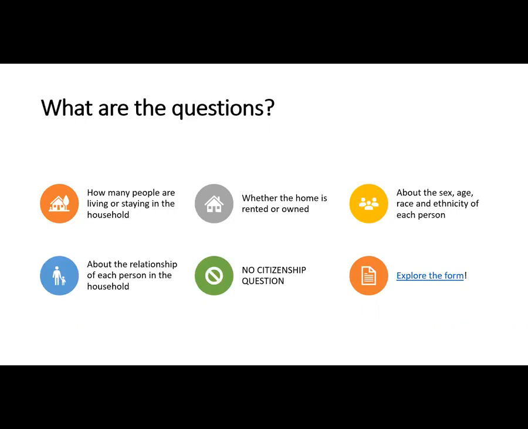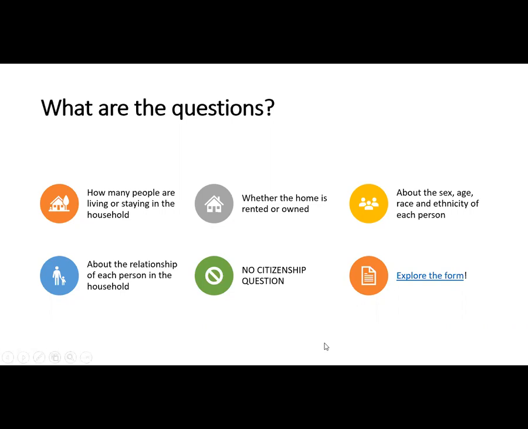And so that is likely to suppress responses from communities of immigrants and non-English speakers. So again, if you're planning to do outreach, consider those pockets of your community that may be afraid and see if you can help build their trust in the census, because that question will not be on there.